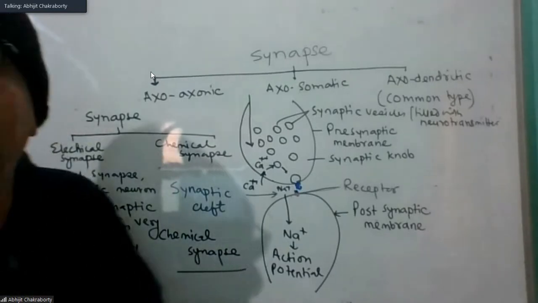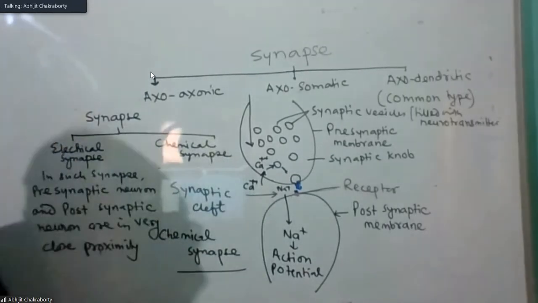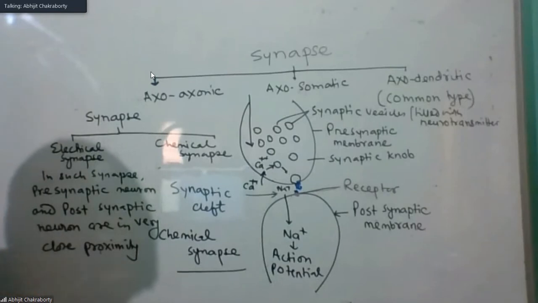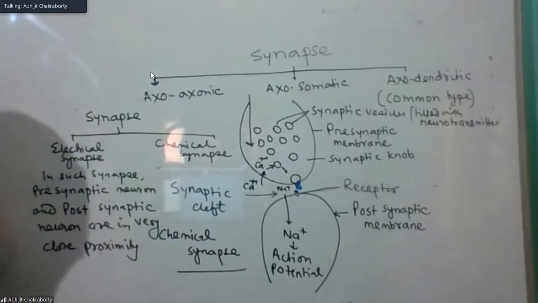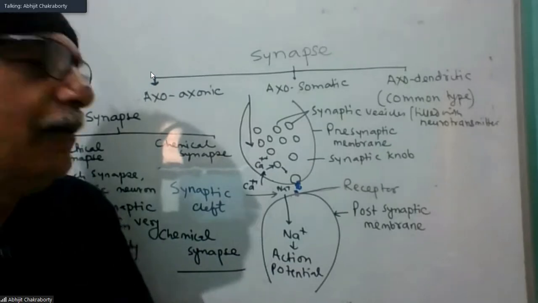Such a synaptic cleft is not developed in this case. What happens here? The presynaptic and postsynaptic neurons are in very close proximity, and impulse is propagated quickly through such a synapse.